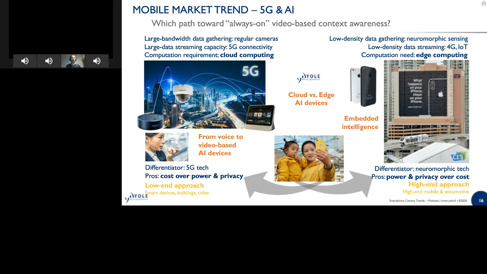Because to put computing next to the chip or next to the image pickup device is super important, and the decision will be made either to move this computing away using 5G, or to keep it close and use maybe computing within the image sensor. So this will be the big decision, and we'll see both actually. And this will transform the way the image sensors are designed and the way camera modules are made and used.